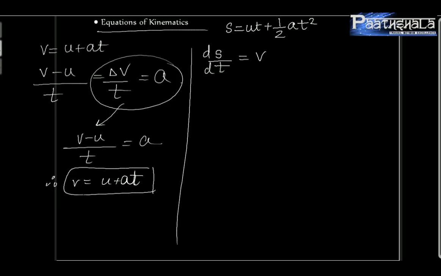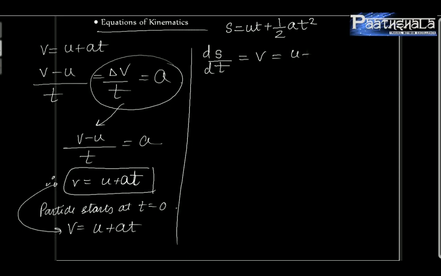Then how can we write the velocity in between initial and final time? If the particle starts at t is equal to 0, the velocity of the particle will always be given as u plus a into t, according to the first equation. So ds by dt is equal to u plus a into t.